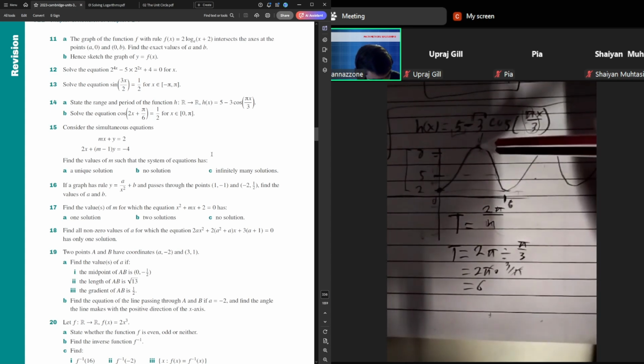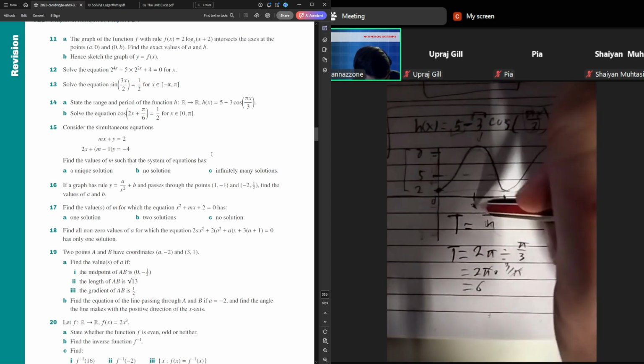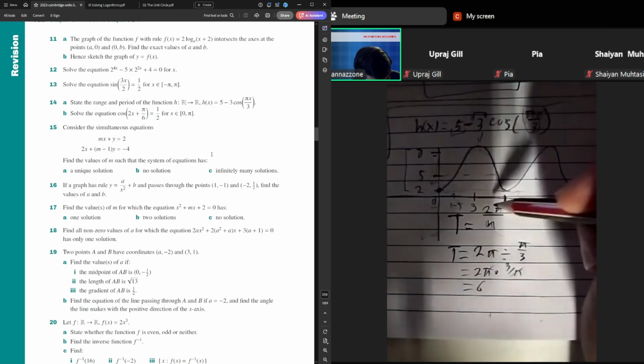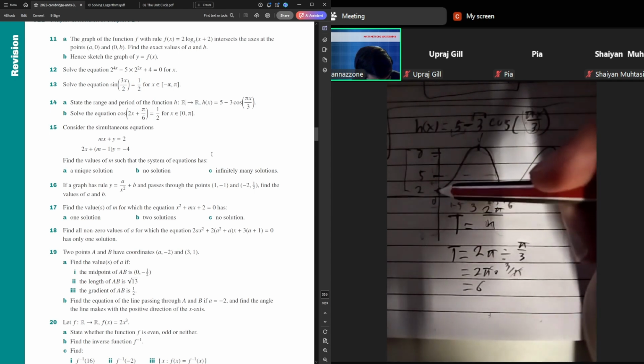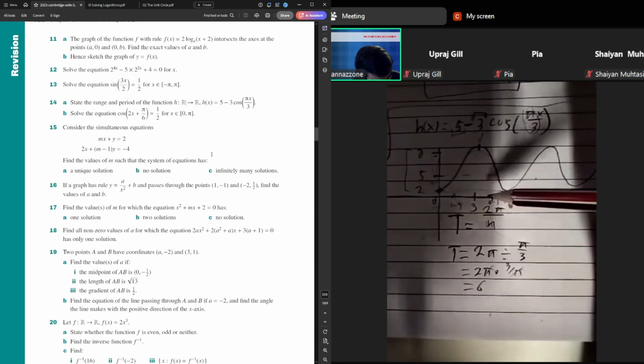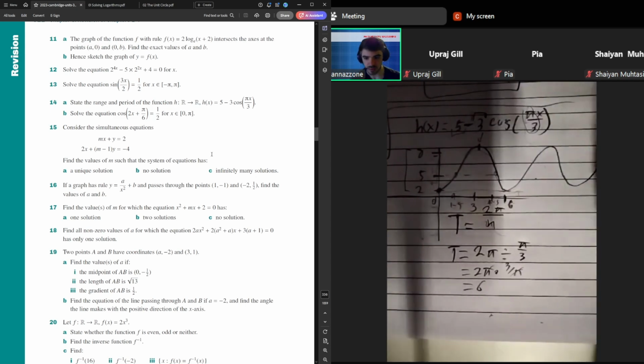What we find is that if you split this in 4 equal bits, so 3, 1.5, and 4.5, the 3 will be the peak, the 0 will be the trough, the 1.5 and the 4.5 will be these middles. So that's if you want to sketch it more specifically. We only cared in this question about range and period though, but that's if you wanted to sketch this in more detail.